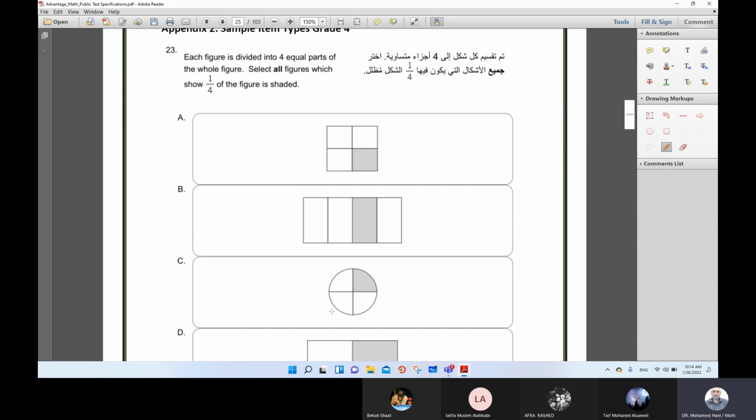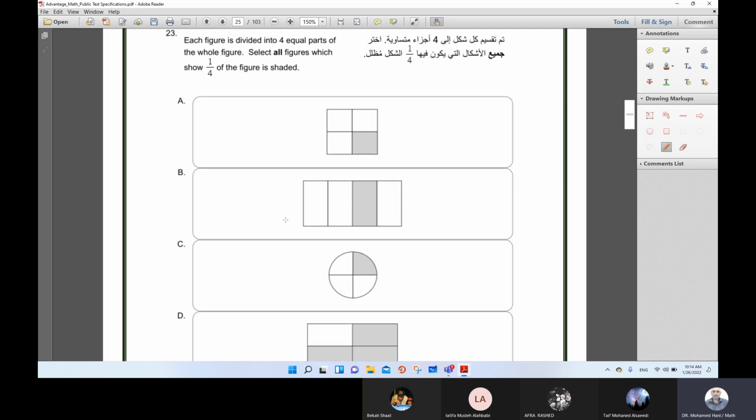Question number 23. Each figure is divided into 4 equal parts of the whole figure. Select all figures which show 1/4 of the figure is shaded. So who can tell me what is the correct answer here?